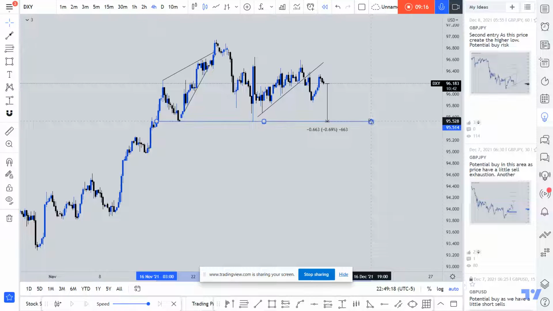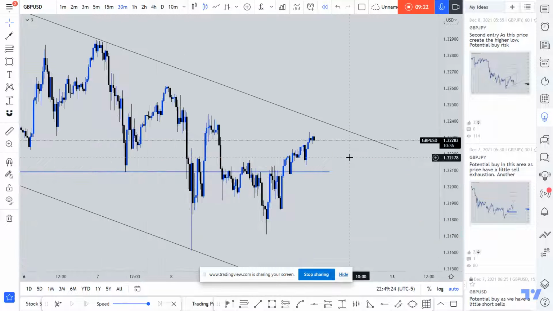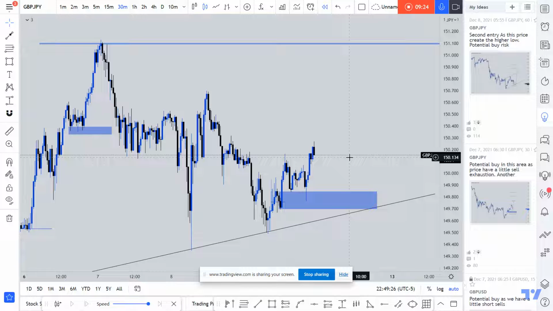So that is what I was going to go over today, and that's what we got. Hopefully we will see price going to the upside more on this pair, and that's it.